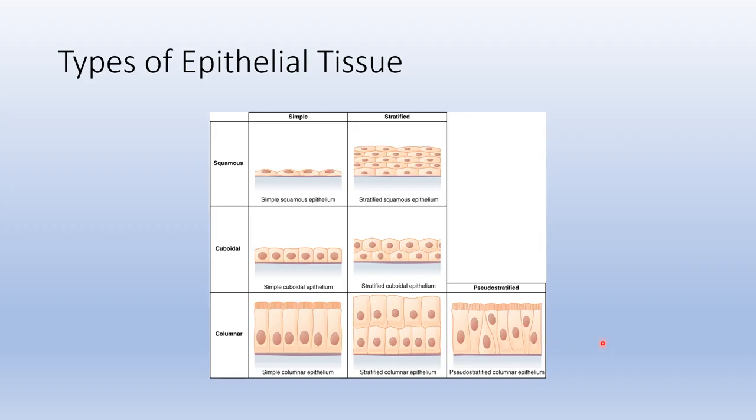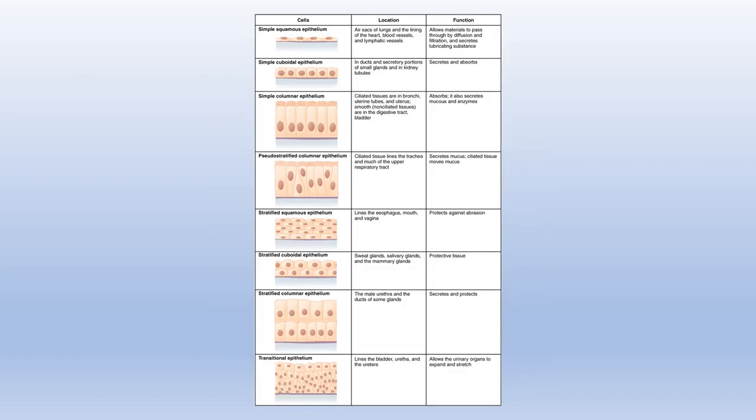So it definitely looks like it's multi-layered, but in reality, it's only a single layer, so we call it pseudostratified. In this table, it just gives the different categories of the epithelial, the simple, here's the pseudostratified columnar one, and then the various stratified ones. It gives an example of where you may find them and what part of their function is.